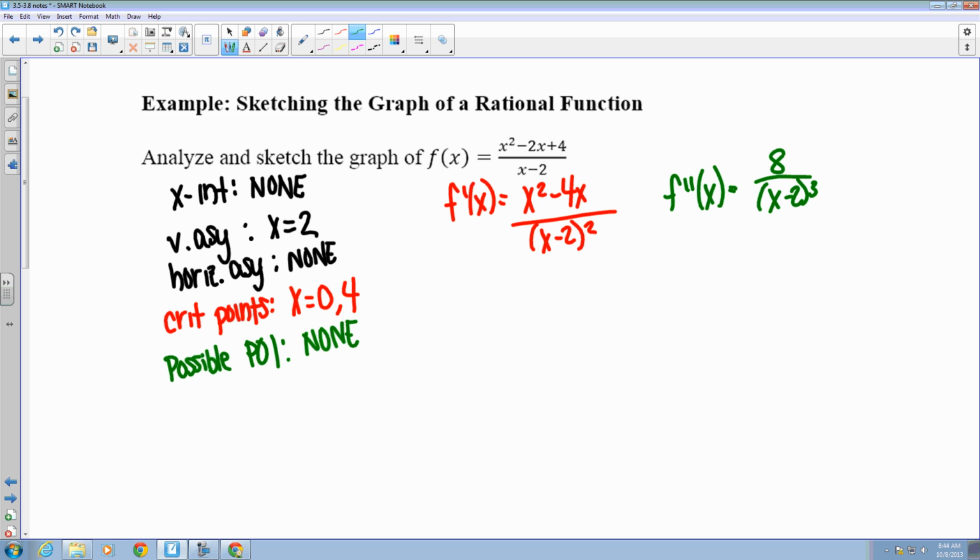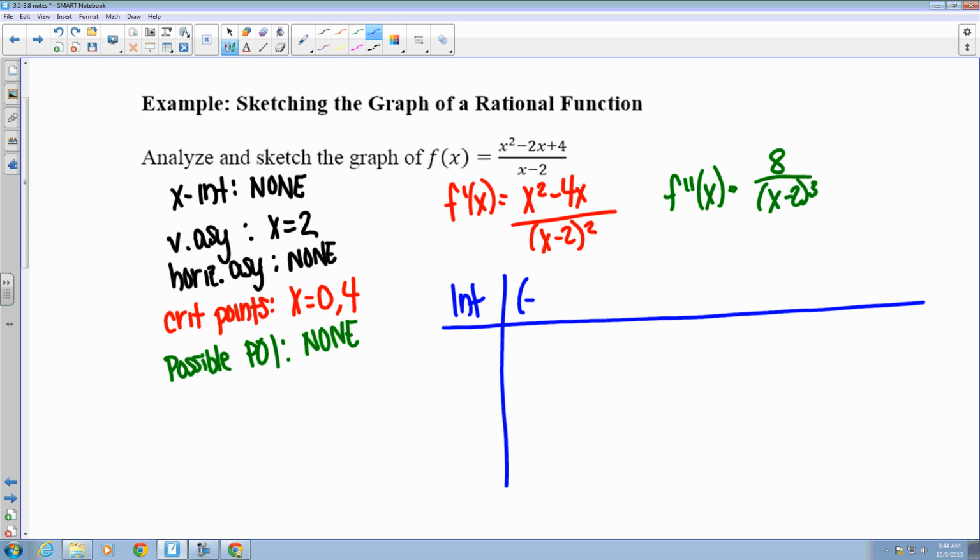Okay, so from there we need to make our table. Intervals across the top. We go from -infinity to our first critical point, which is 0. Go to our first asymptote.